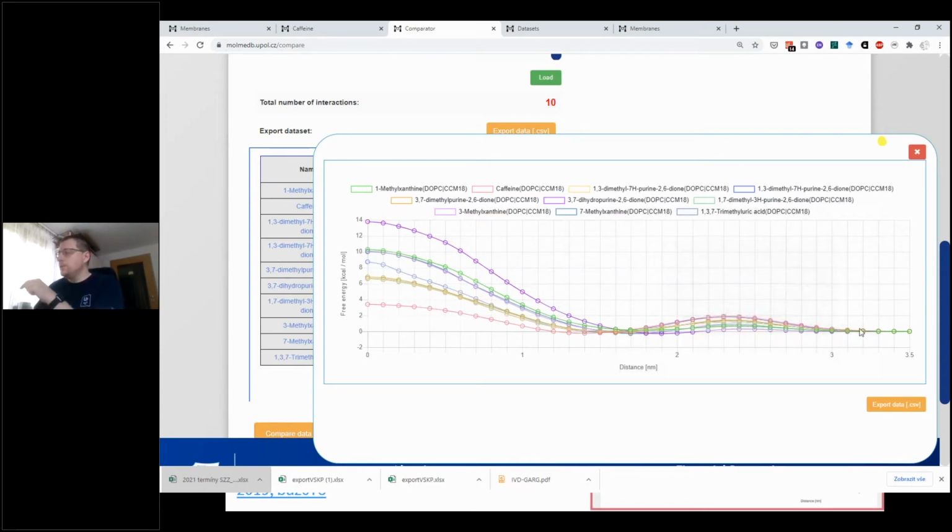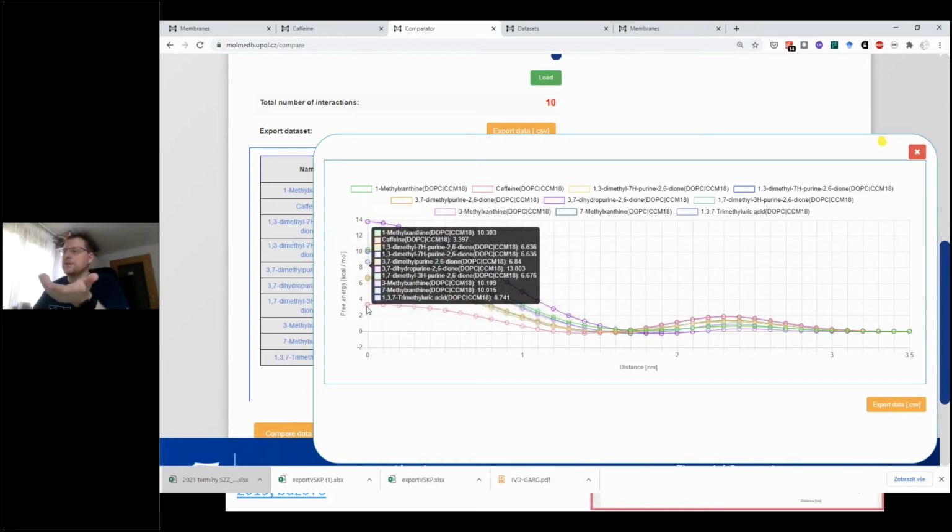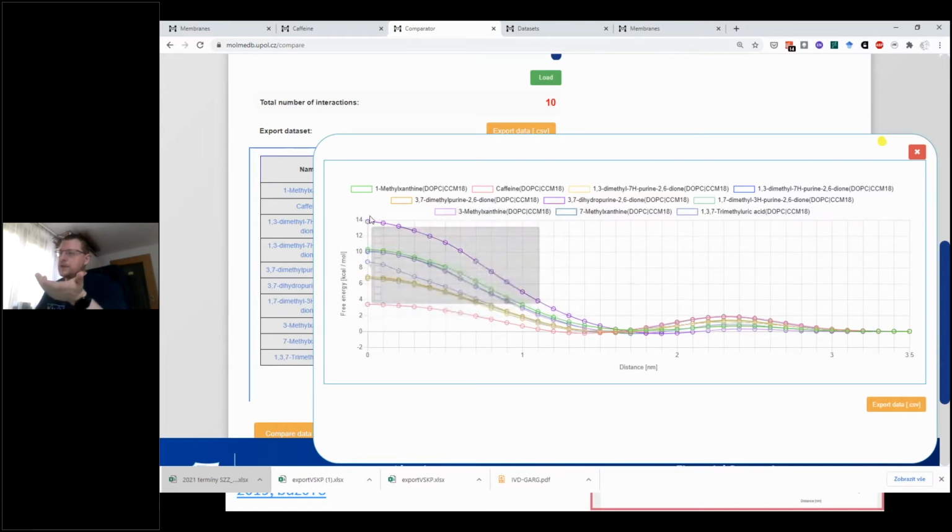So I can look into how the molecule will cross the barriers energetically by going through the membrane, according to the height of this barrier. So I can say that caffeine itself is able to cross, but its metabolites won't so easily.